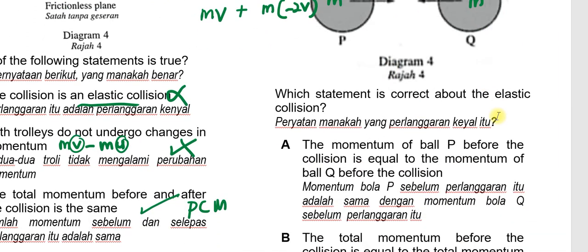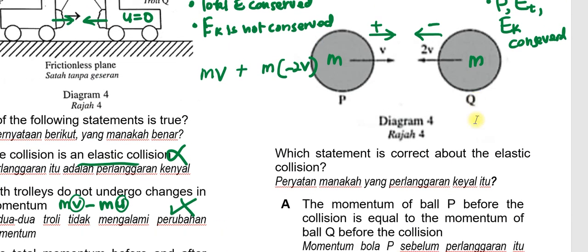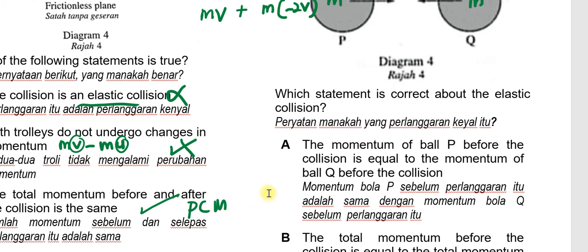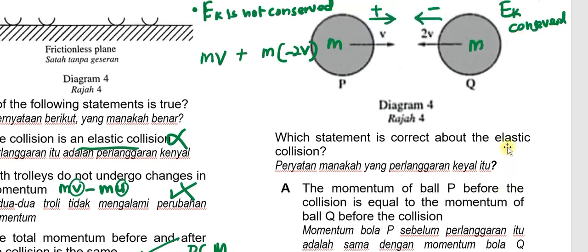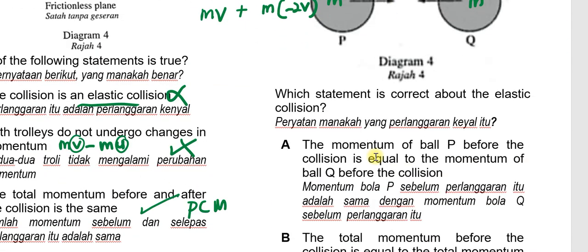Which of the following is correct about the elastic collision? Total momentum of ball P before the collision is equal to the momentum of ball Q after the collision. This cannot be true, because the principle of conservation of momentum says that the total momentum of the whole system, both balls, before and after is equal, not one particular ball.